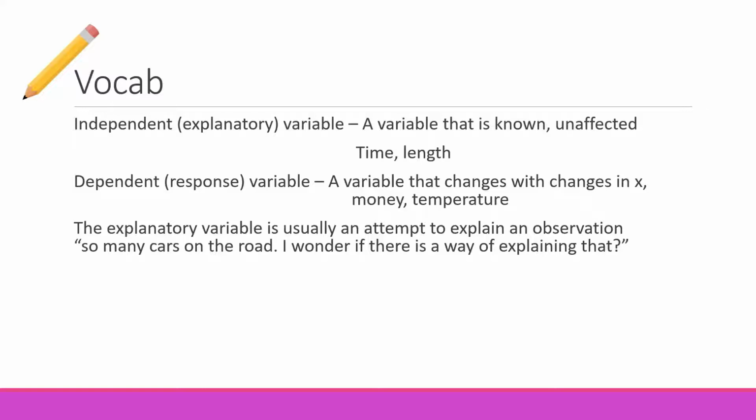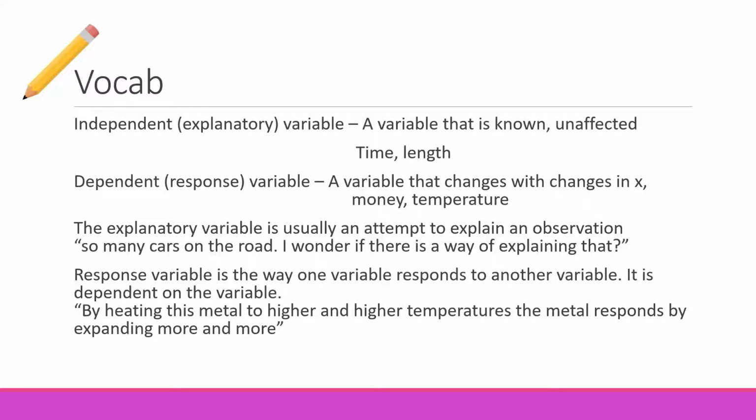Some of these explanations will be really good ways of explaining why there are so many cars on the road. Some of these might be really bad. The weather might not have any effect. It might have lots of an effect.